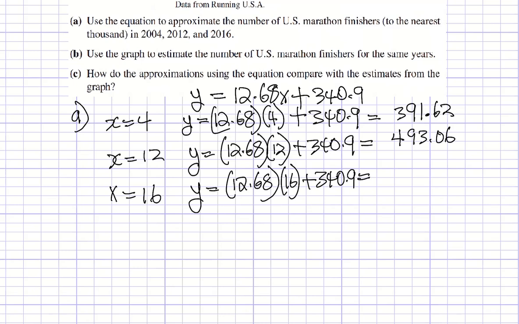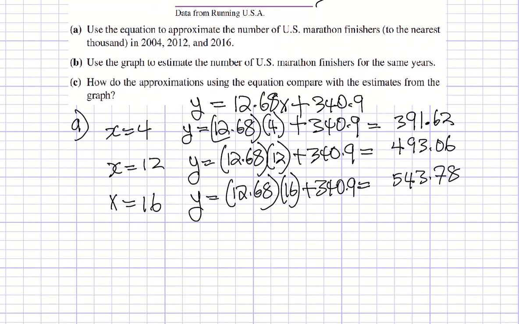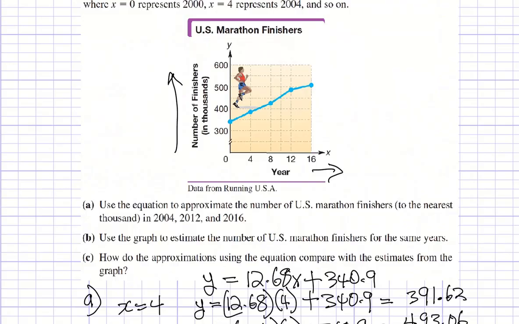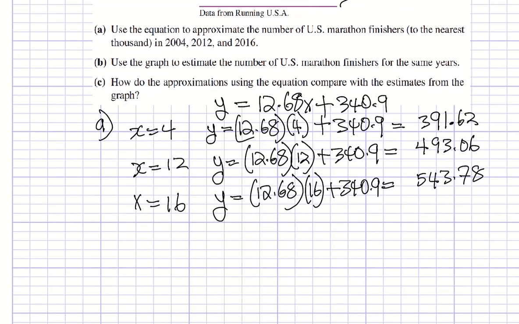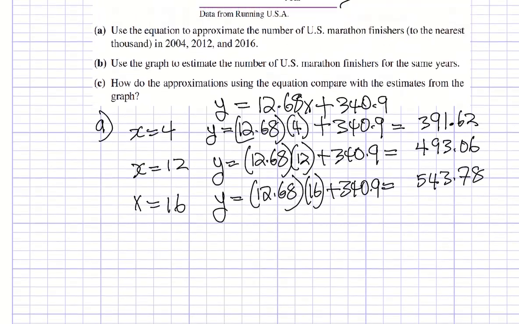And then 12.68 times 16, plus 340.9, gives you 543.78. You see that? That's all we got there. That's what we got by using calculation. Anyway, so that's A.